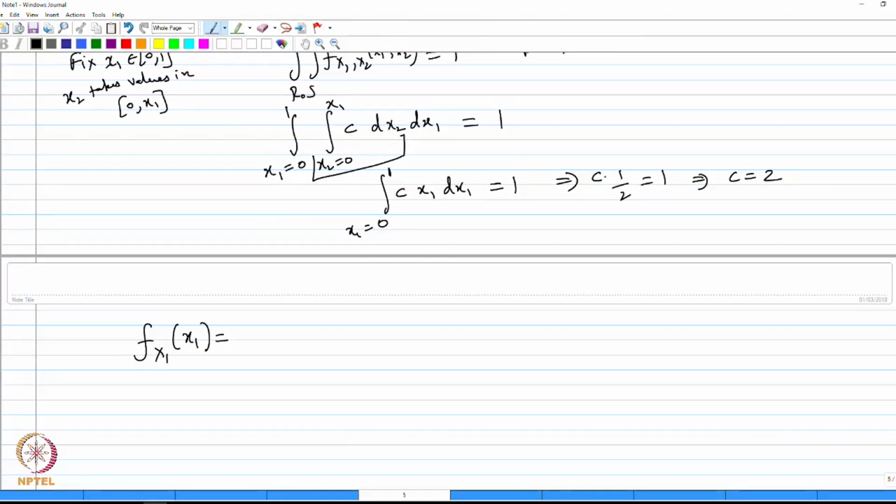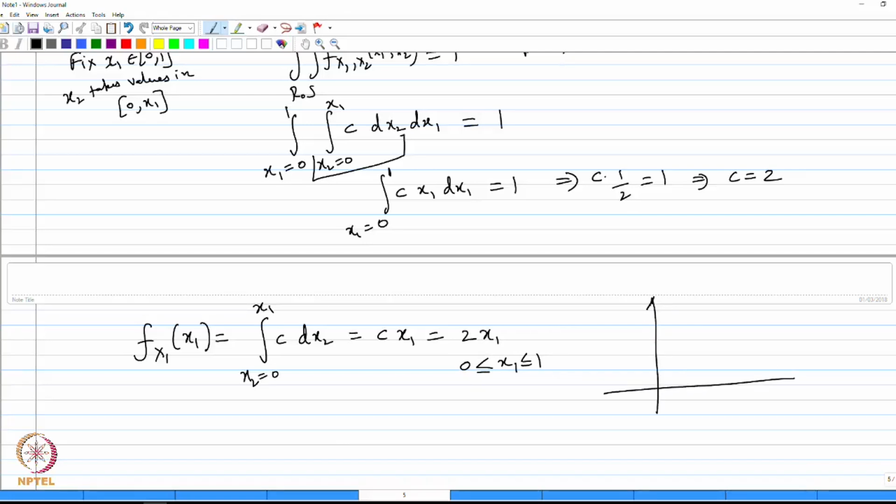So x2 will go from 0 to x1. C is the value of the PDF. I've got to integrate over dx2. So this simply works out as C times x1. C we saw as 2, so it is 2 times x1. What is the marginal distribution? 2 times x1, and x1 takes values from 0 to 1. So the marginal distribution of x1 will look like this.